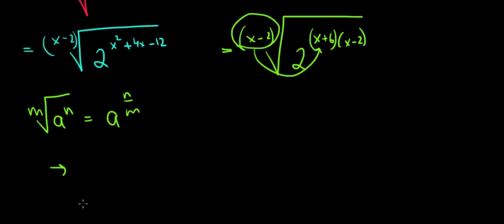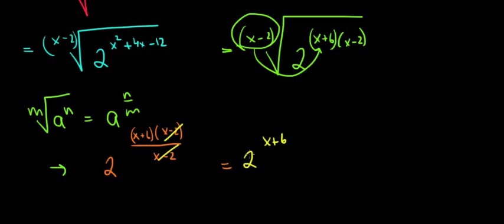We would have 2 to the power x plus 6 times x minus 2, divided by x minus 2, which is equal to, well, x minus 2 and x minus 2 cancel out, and we're left with 2 to the power x plus 6. And that's it. We are done.